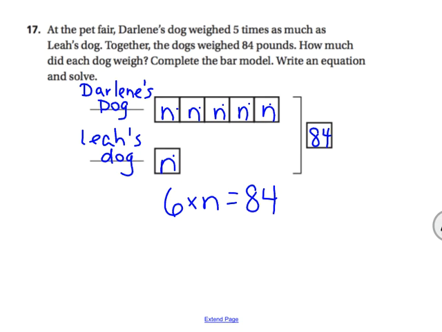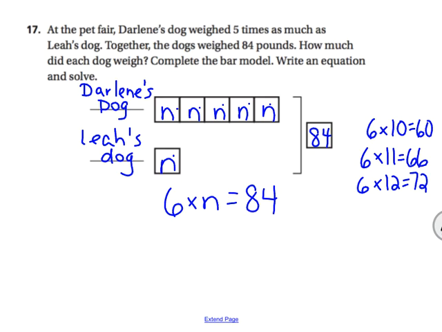And we do know that 6 times 10 is 60. We're not there yet. We have to get up to 84. 6 times 11 is 66. 6 times 12 is 72. We're getting closer. 6 times 13, you're going to say, I don't know. Well, add another 6 to 72.